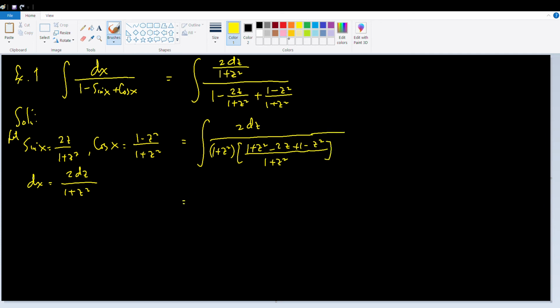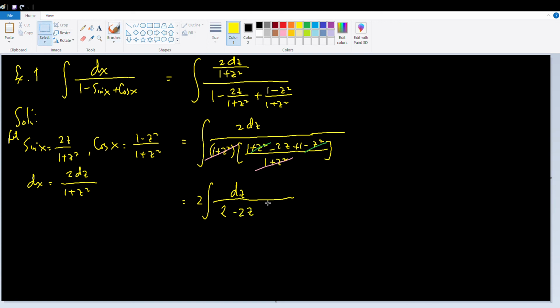So you can see that 1 plus z squared can be cancelled. We can put the 2 before the integral sign. So 2 times the integral of dz all over 1 plus 1, that will be 2. z squared will cancel with negative z squared and minus 2z.